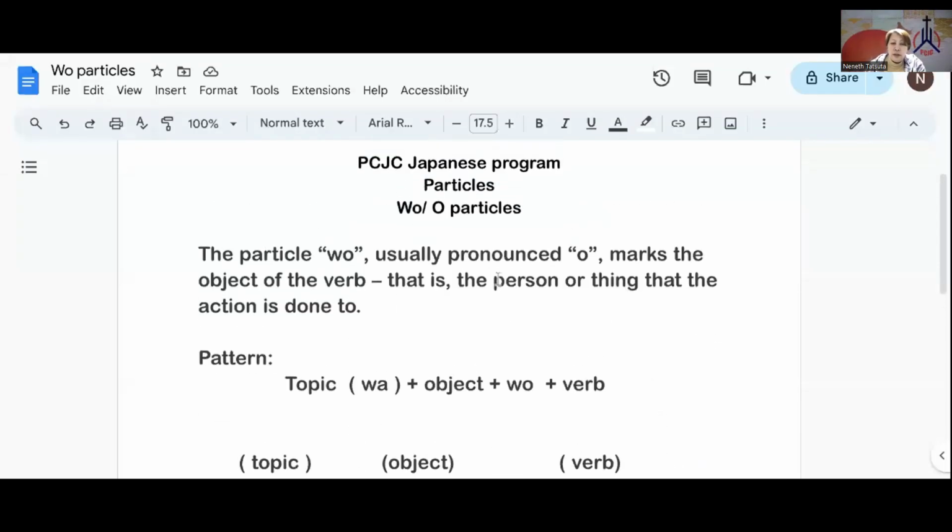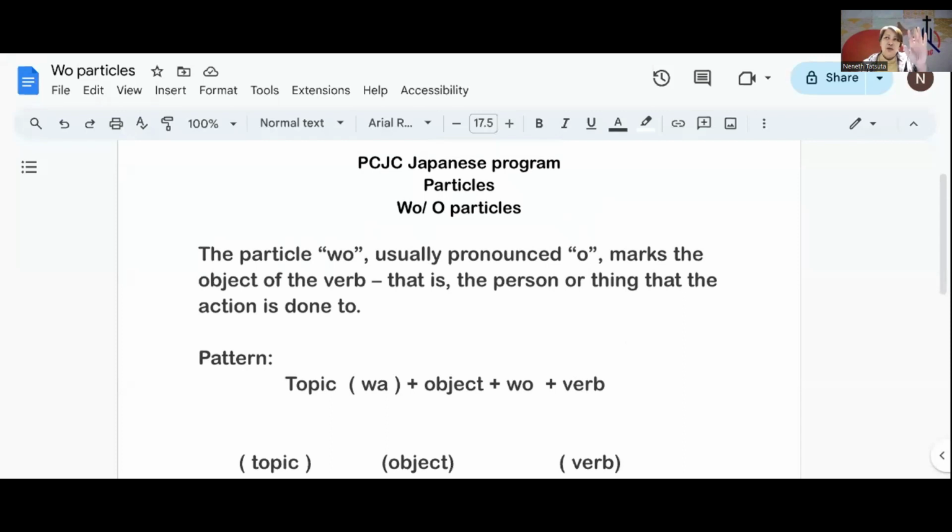By the way, if you are taking notes, because the particles number I think 17 or 18, we have 18 particles. If you have your notebook, please leave some pages for the other particles, because it's much better to have one compilation of your notes for particles.